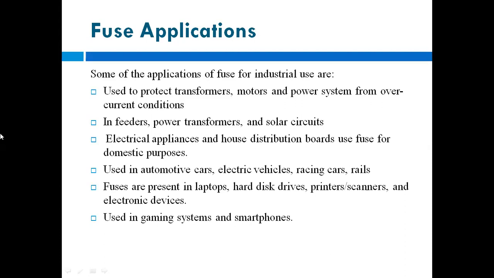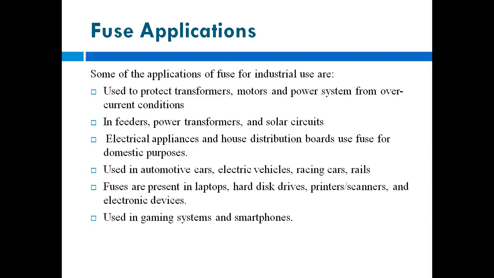Then next, electrical appliances and house distribution boards use fuses for domestic purposes. At our switchboard there are already fuses, but when we are using different equipment, for example one stabilizer, in that stabilizer also there is a small fuse. Such different fuses are used in different equipment for domestic purposes.